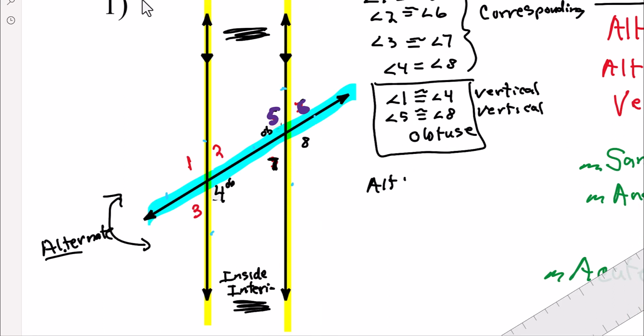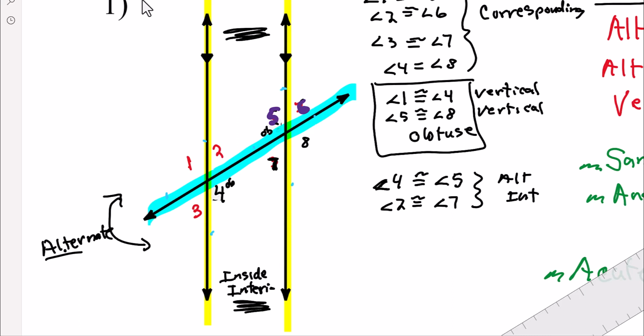So angle 4 is on the other side of angle 5, and both of those are obtuse. So you would say that angle 4 is congruent to angle 5, and then that means angle 2 is congruent to angle 7, and those are alternate interior.